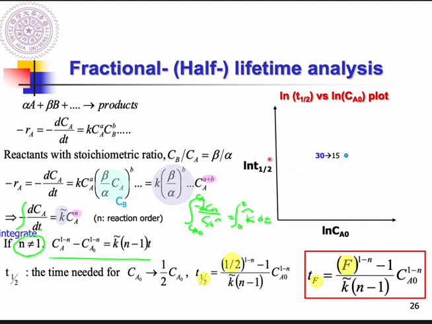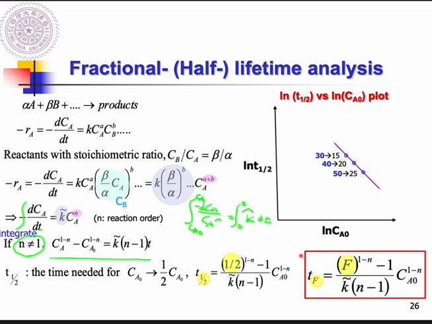I take the log of the time it takes, and the horizontal axis will be log 30, because Ca0 is 30. For the other data, I monitor the time spent dropping from 20 to 10 with horizontal axis log 20, and the time from 15 dropping to 7.5 with horizontal axis log 15.